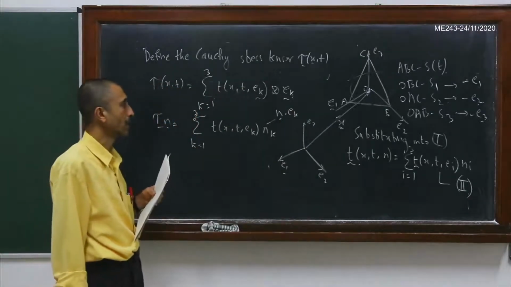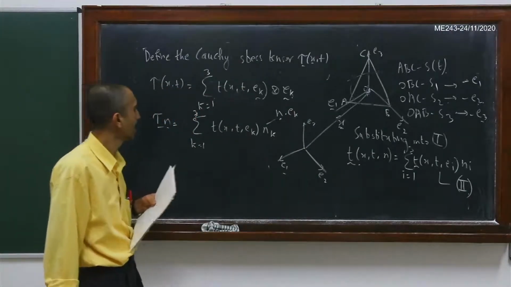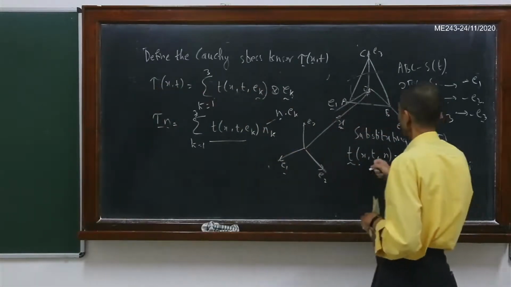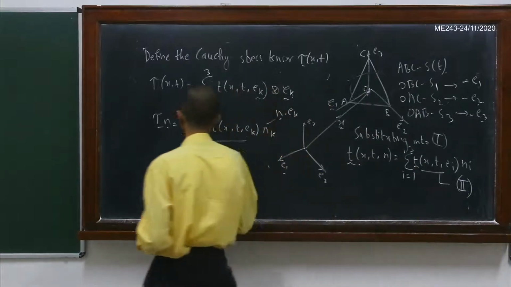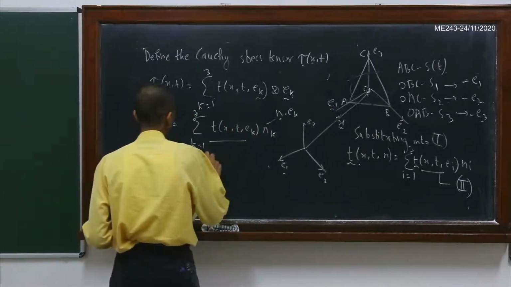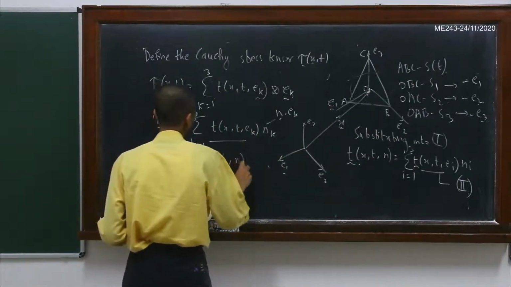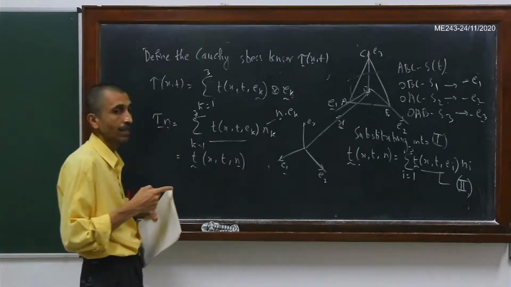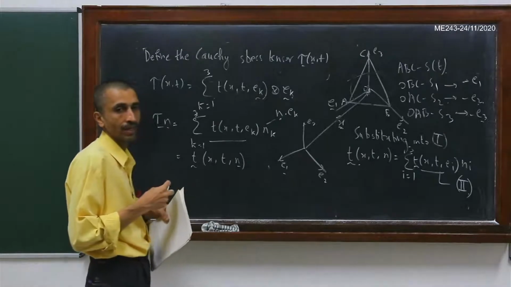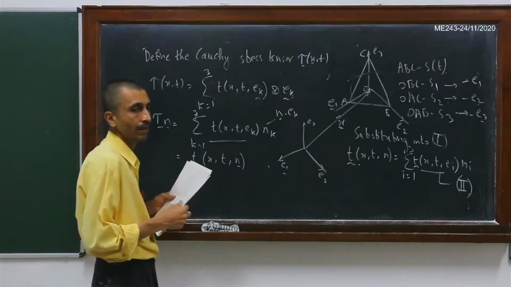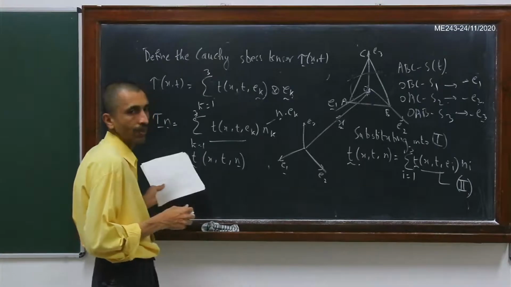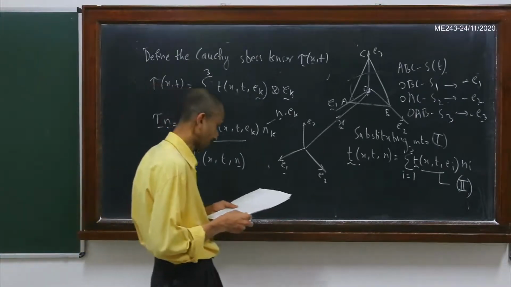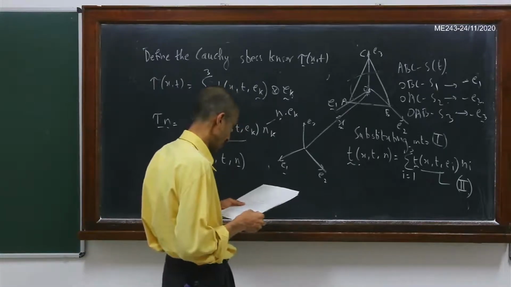Then this relation is exactly the same as the earlier relation, and that is nothing but t of x, t, n. So we have proved the first statement in the theorem, that t of x, t, n is equal to tau times n.